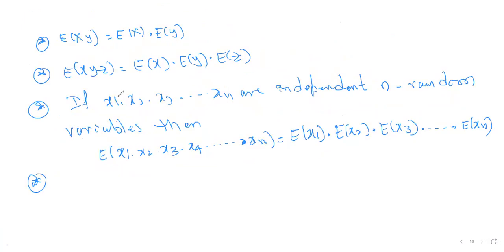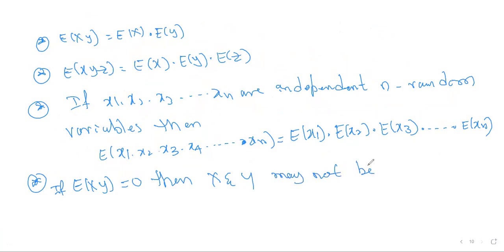The converse says that if the expected value of xy is equal to 0, then x and y may not be independent. Even though the expected value of xy is equal to 0, we can't say whether x and y are dependent or independent.